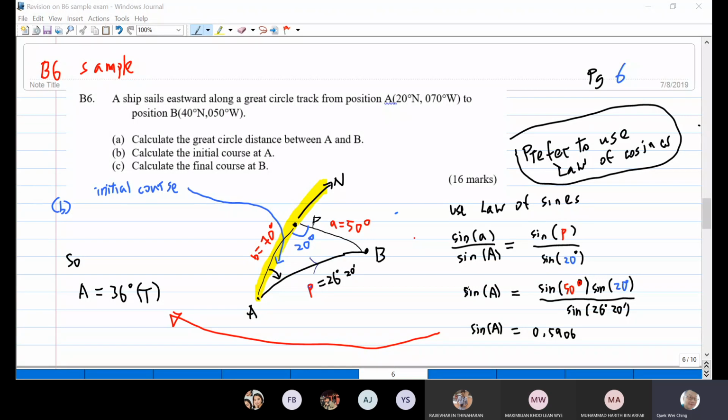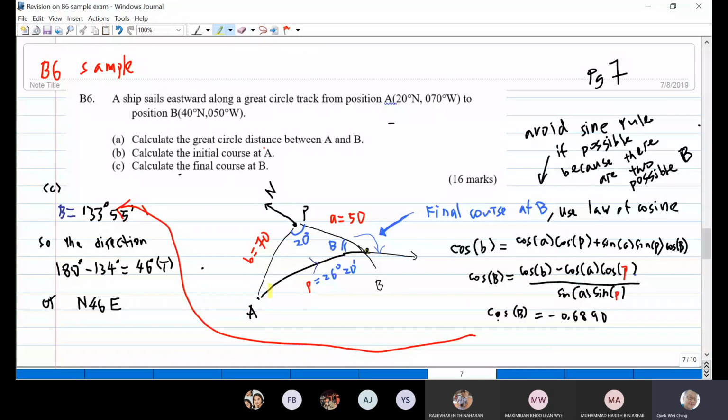Okay, last one, I think page almost finished already. The second part, final cost of B. What does it mean? Final cost of B. So the ship continues to move this way.